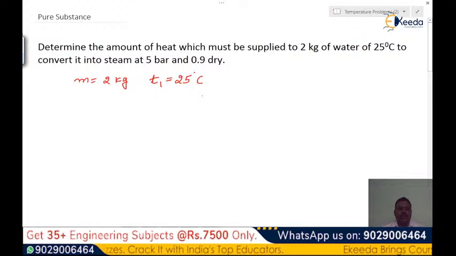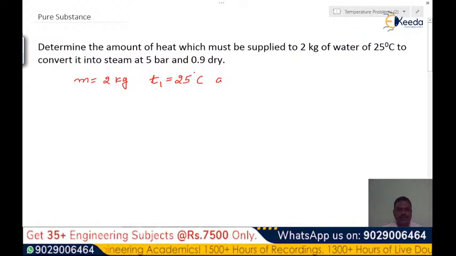Now, when heat is added, its pressure increases to 5 bar, and its dryness fraction will be 0.9. That is, at state point 1, T1 is 25 degrees Celsius.